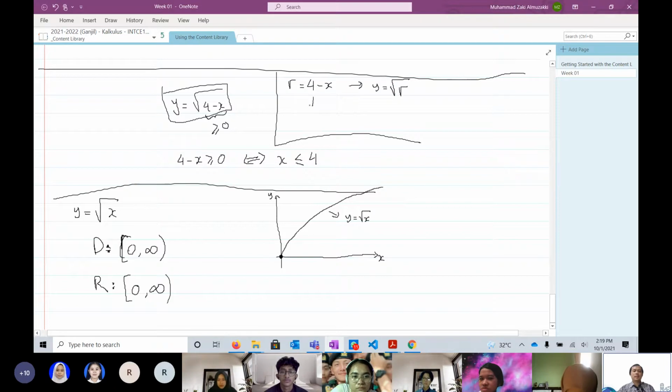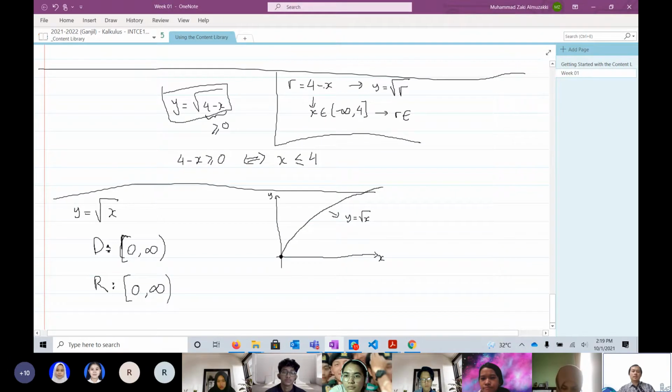So in this case, if x is in minus infinity to 4, what will the value of r be? What is the interval for r in this case?